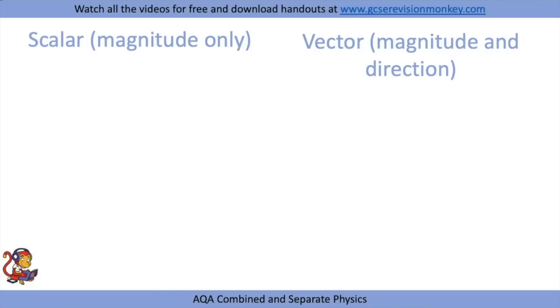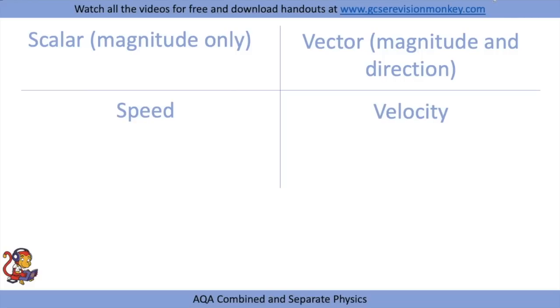In this topic, we need to distinguish between scalar and vector quantities, and the two we're going to focus on are speed and velocity. So the scalar quantity speed has magnitude only, which means it only comes with a size, whereas velocity is classed as a vector because velocity tells you both the size and direction of movement.